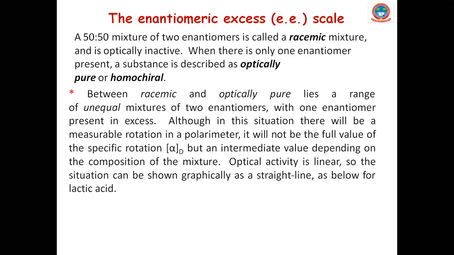So between this range, from optically pure to a racemic mixture, there is a range of enantiomer mixtures. They are called unequal mixtures, and when an unequal mixture reaches 50-50%, it becomes a racemic mixture.